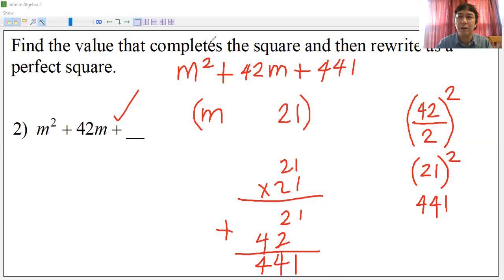Remember, to get the expression in the first term, take the square root of that. And then to get the other term, get the square root of this. The sign happens to be a plus, so we will write plus there. And then this is now written squared.